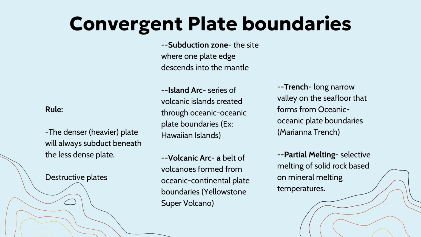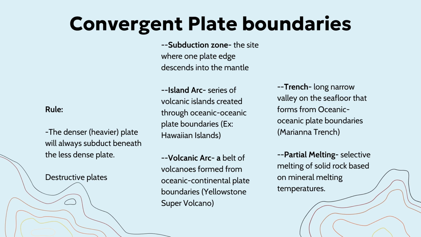A volcanic arc is a belt of volcanoes formed by the oceanic-continental plate boundaries. An example of this is the Yellowstone supervolcano, which is actually a string of multiple other volcanoes, just the rest of those volcanoes are dormant at this point. A trench is a long, narrow valley on the seafloor that forms from oceanic plate boundaries.